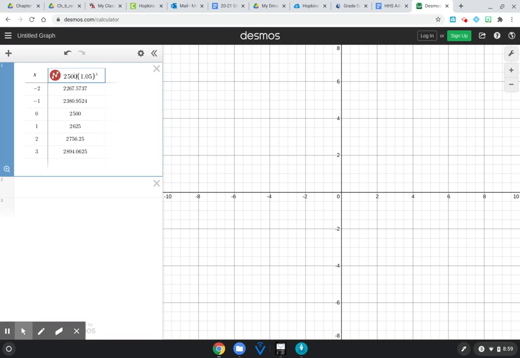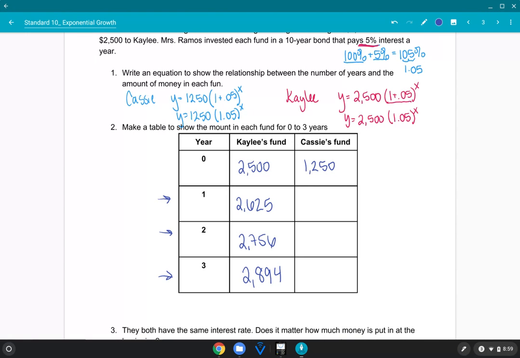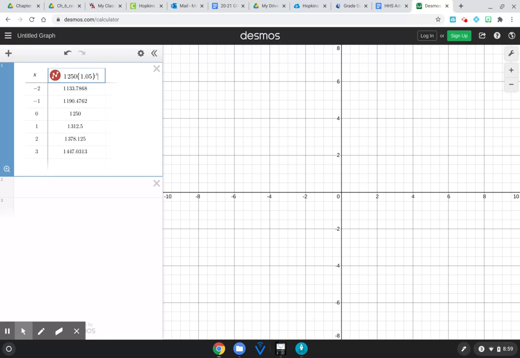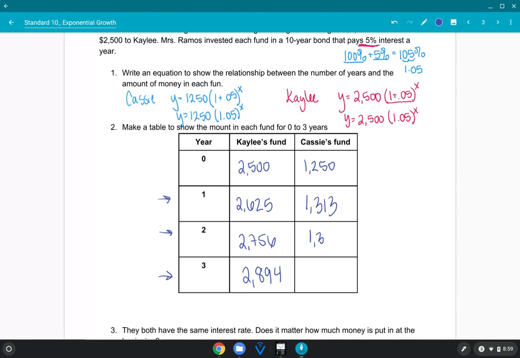Cassie's fund is almost the same, except we type in $1,250 because that's how much she started with. So after 1 year, it's $1,313. That's not where commas go in numbers. 1378 and 1447.